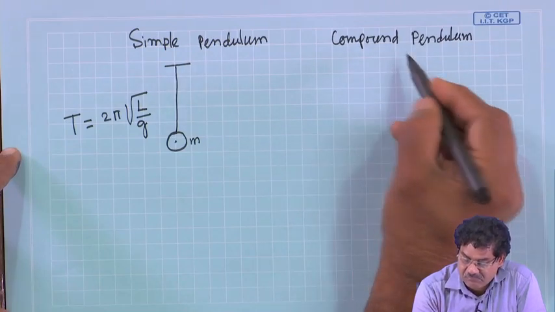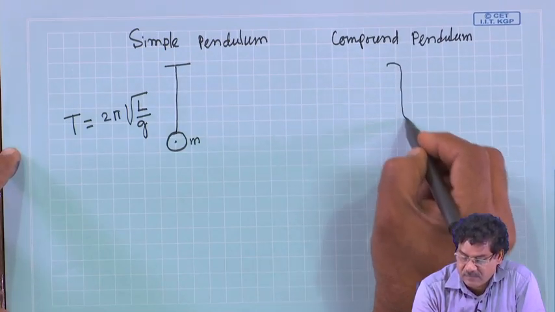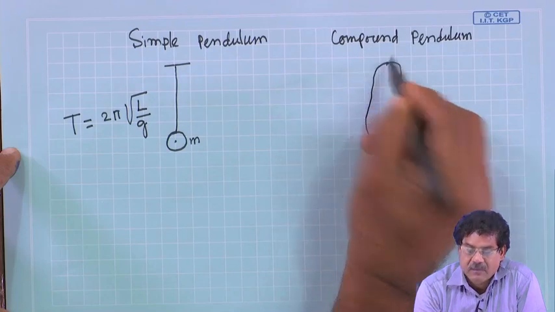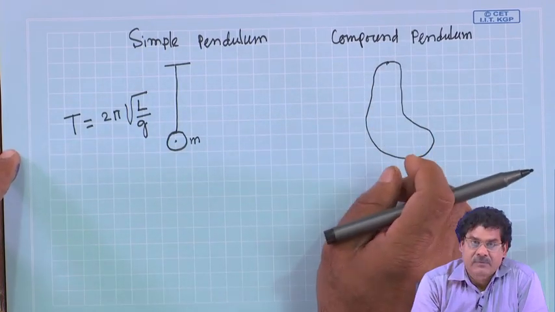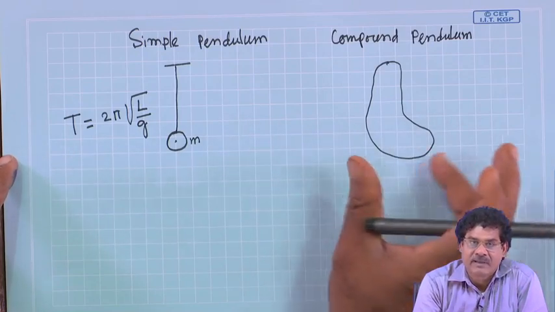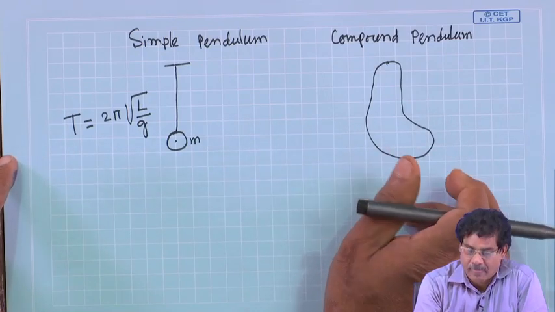Now, compound pendulum. Say any body, it can be an irregular body or a regular body.